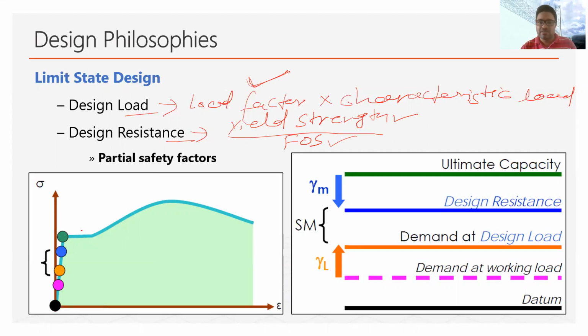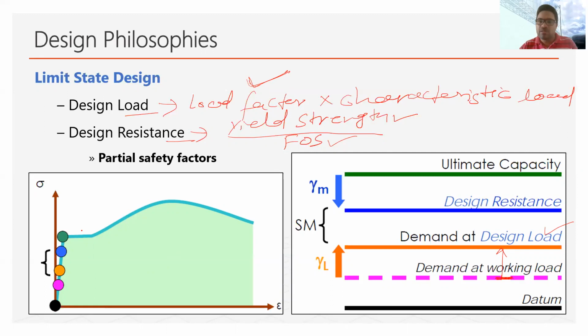Now in the graph you can see the concept: the demand of working load is here, but we have exaggerated this load up to this red line. So this working load becomes the design load, which is basically the exaggerated value of the working load acting on the structure.